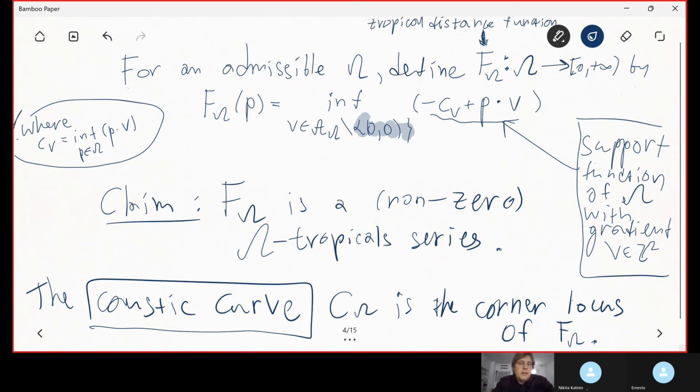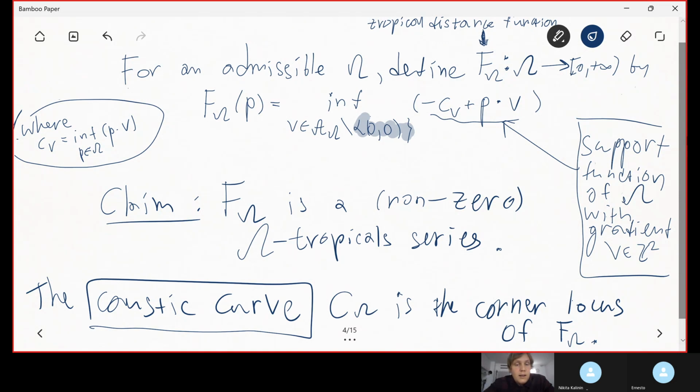And we've seen this series in the form of polynomial for these unimodular domains in the previous example, in the previous talk. So the claim is that f omega is a non-zero omega tropical series. This is one application of this theorem that I mentioned.